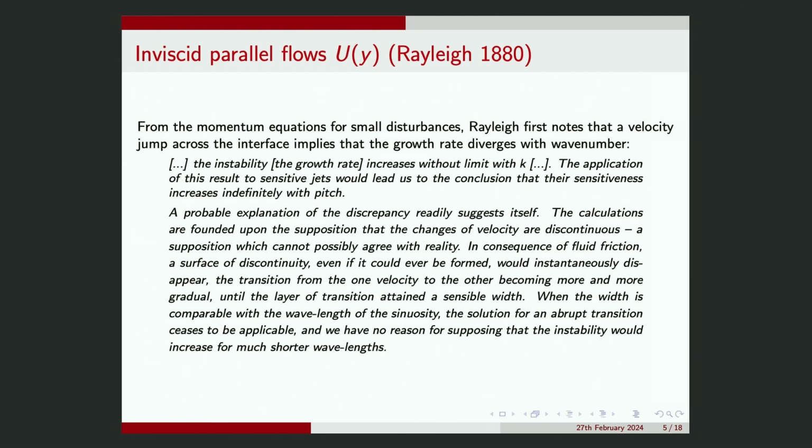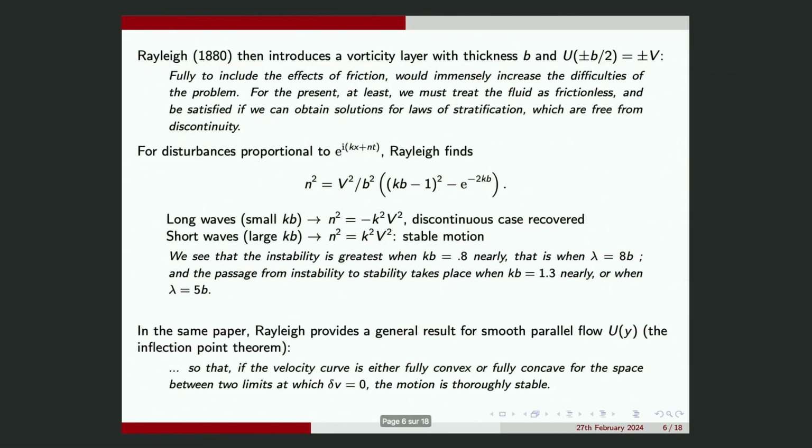The calculations are founded on the supposition that the changes of velocity are discontinuous, a supposition which cannot possibly agree with reality. So this leads Rayleigh to another calculation, where he introduces a vorticity layer of thickness b.